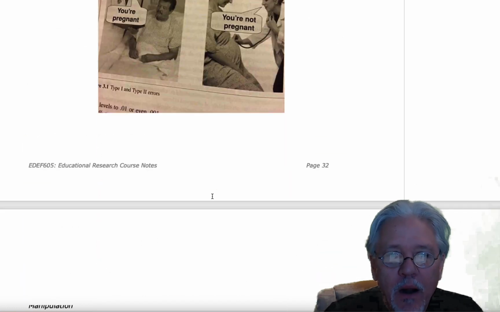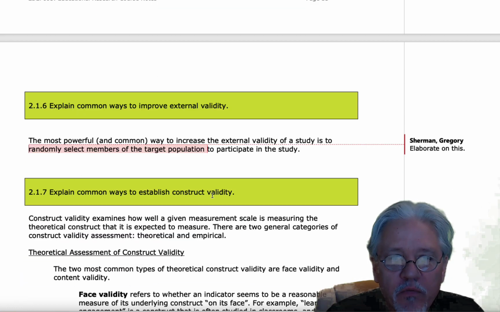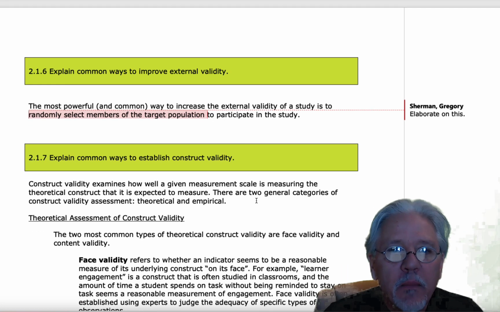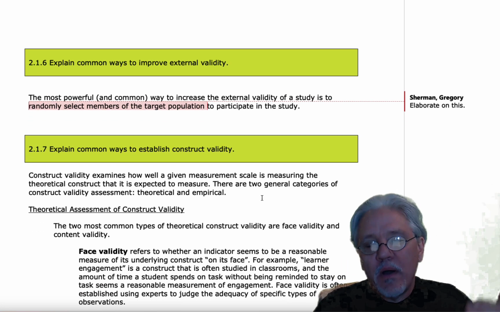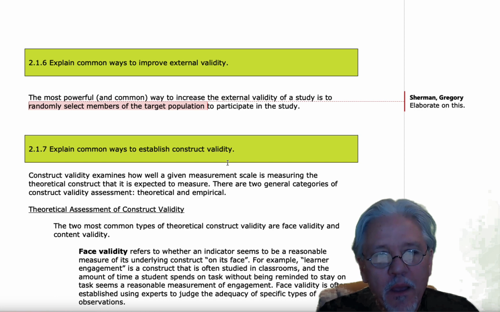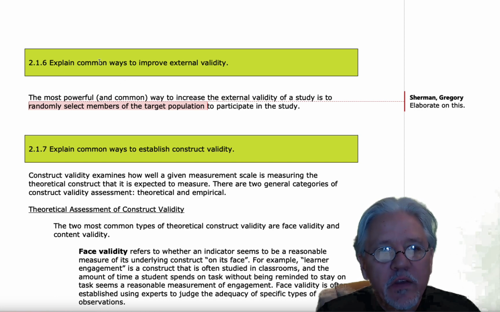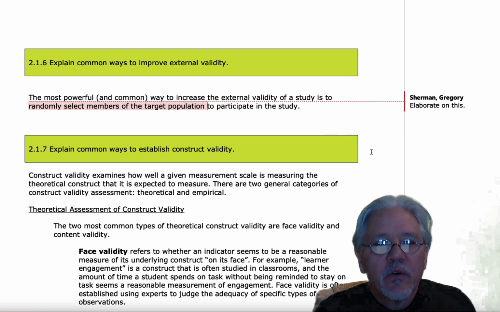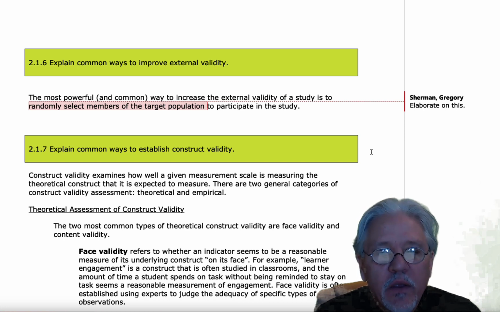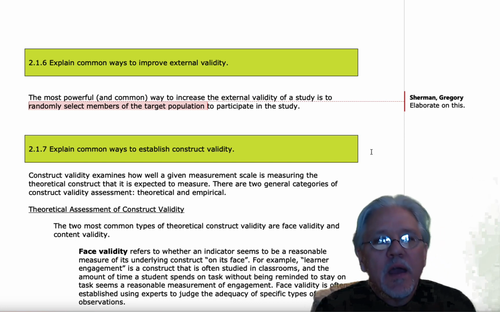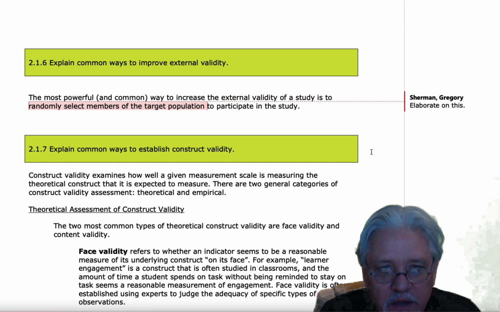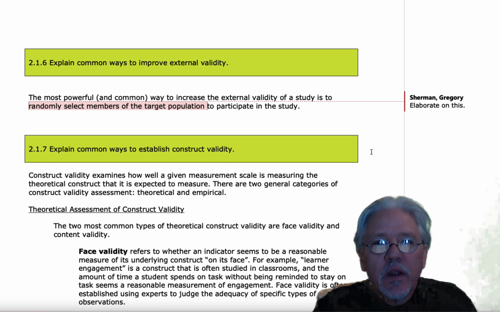Okay, talked about errors there. Hopefully you understood that. Just to follow up on what I just talked about, for 2.1.6, explain common ways to improve external validity. The best way to do that is to randomly select members of the target population.